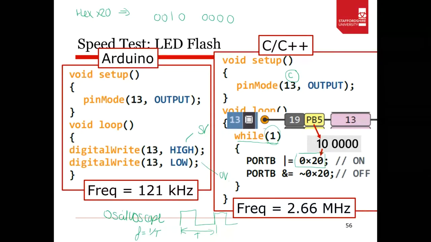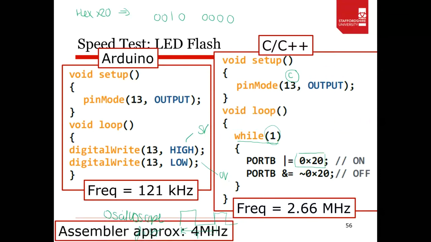By having the while loop in, it doesn't jump out and do the void loop, so the frequency is higher because it's not jumping out of this loop here. So the frequency is highest because it's just going round and round the while loop, whereas if it comes out and does the void loop, the frequency reduces and you wouldn't get your 2.66 megahertz.